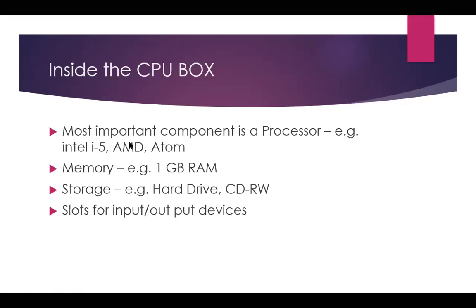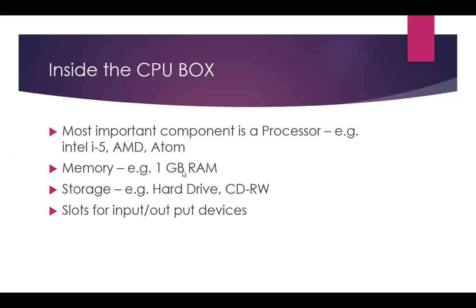Then the processor uses a volatile memory for its functions. A memory is a storage device. So it uses a volatile memory known as random access memory, or RAM.